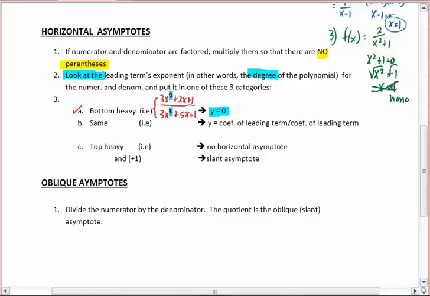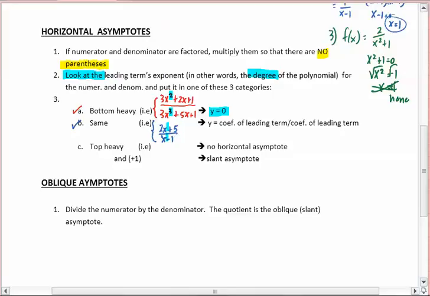All right, so the second thing is if the powers are the same. Here's an example of that one, where we would have maybe 2x plus 5 over x minus 1. In this case, the degree of the numerator is the first degree, the degree of the denominator is the first degree, and so they're the same powers. The leading term is the same. Notice, there's nothing written in the denominator, but we know it's understood to be a 1.